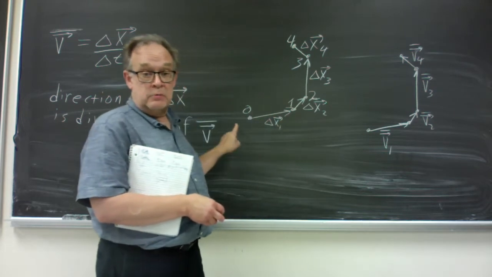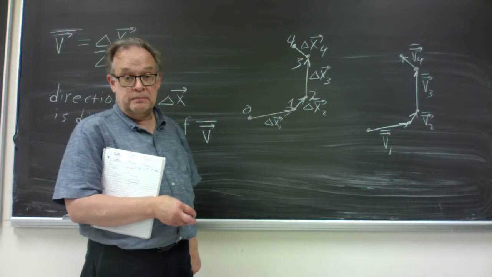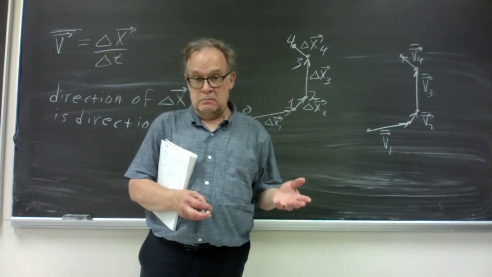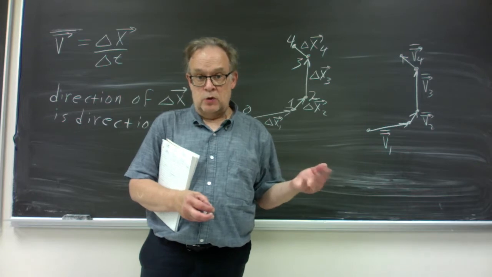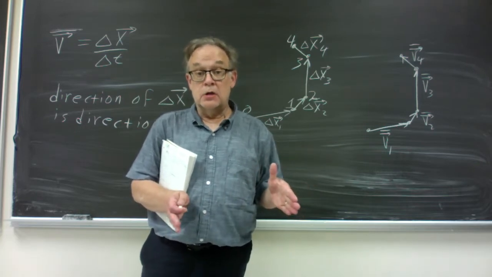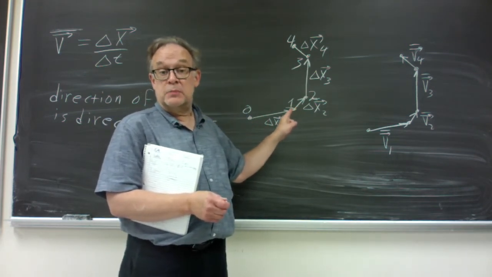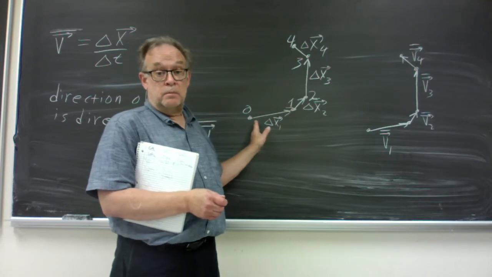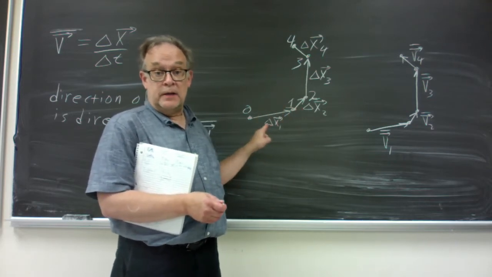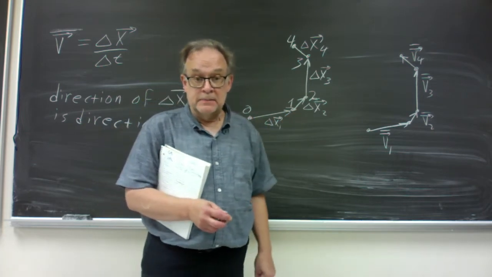And during the first time interval, this was the initial location, and this was the final location. And the magnitude, size, absolute value of a displacement just tells you the length between the starting point and the finishing point. So here's a vector that is as long as the distance between the starting and the finishing point in this diagram.